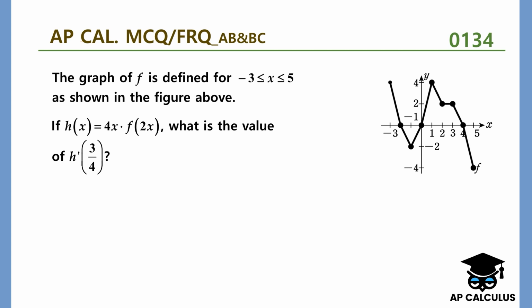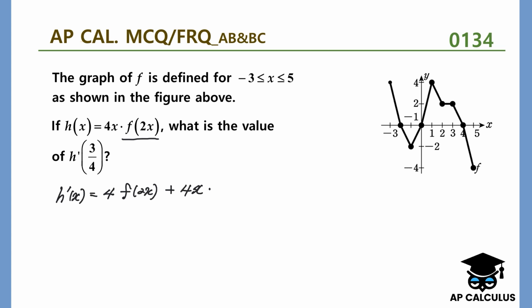So in order to find h prime of x, we have to apply the product rule. So the derivative of 4x, that's 4, and leave the second function alone, plus leave the first function alone, and times the derivative of this function right here.